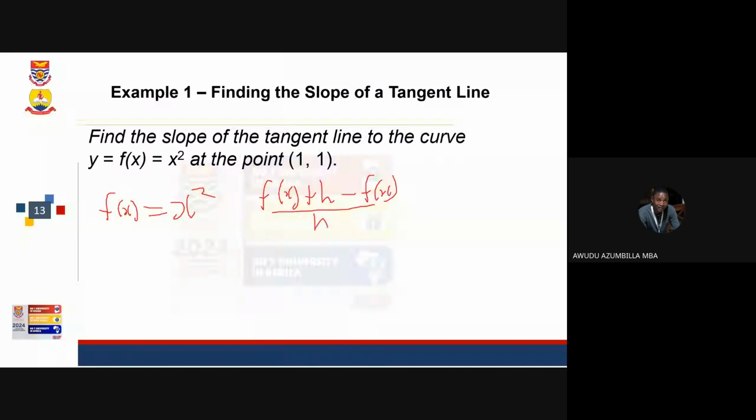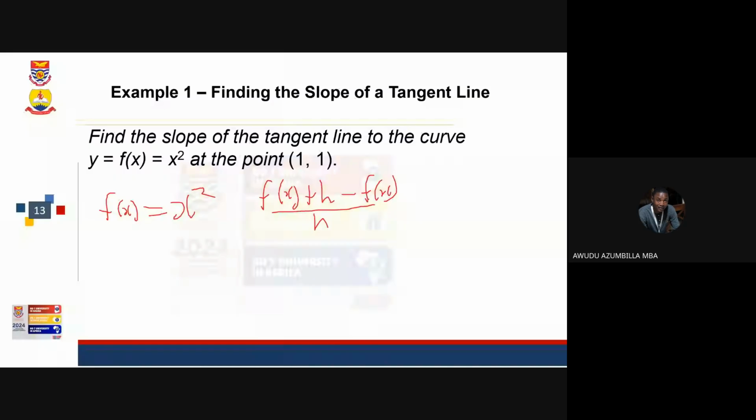This is what we are going to use. The 4 steps that they have given us, we are going to use to find the slope of the tangent line. Now, here we are just finding the slope. We are not finding an equation. We are finding the slope.